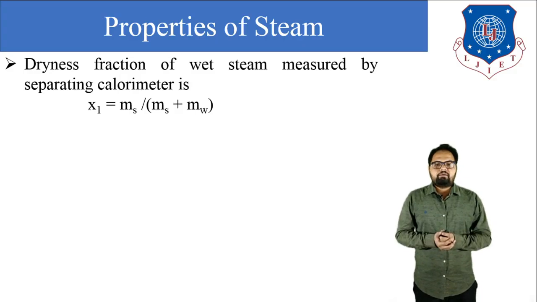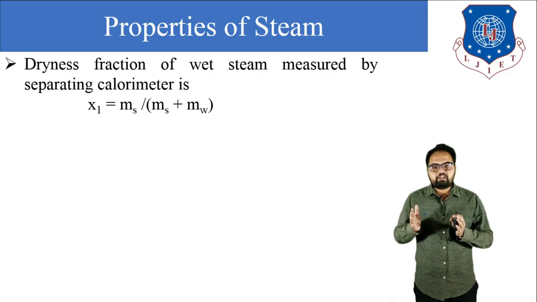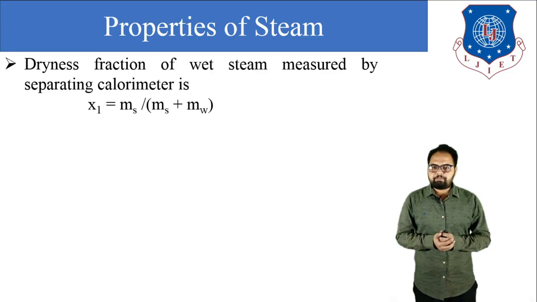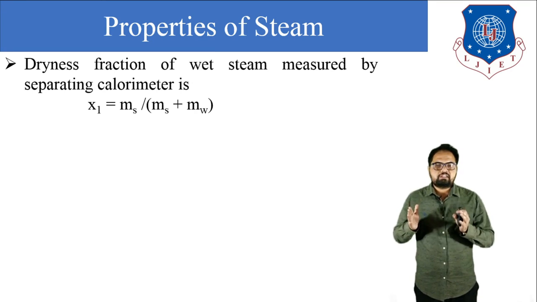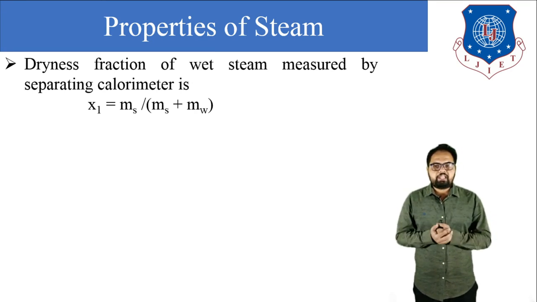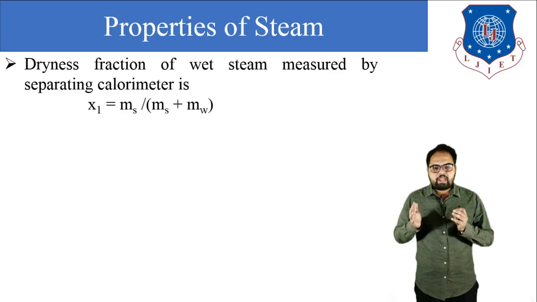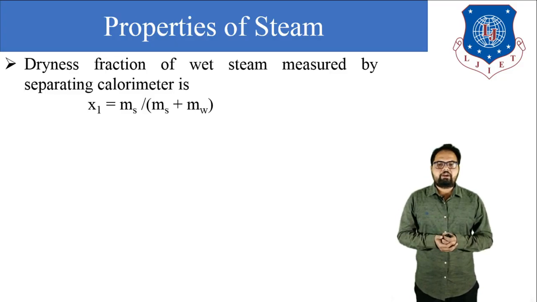First of all, let's calculate the dryness fraction of the steam measured inside the separating calorimeter. Let's assume the dryness fraction determined by the separating calorimeter is x1. So x1 = ms / (ms + mw), where ms means mass of dry steam particles and mw means mass of water separated.